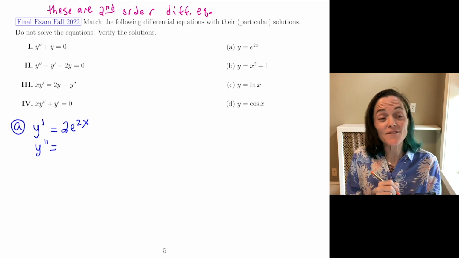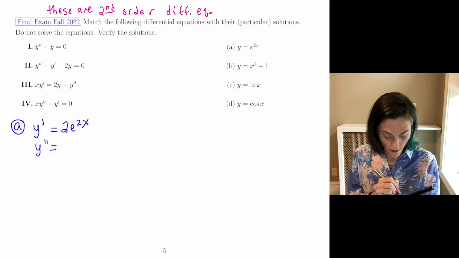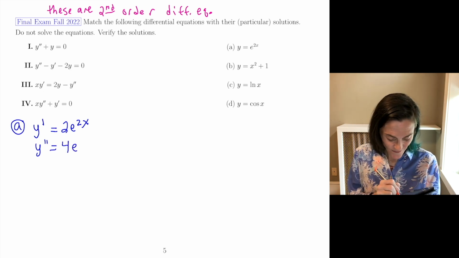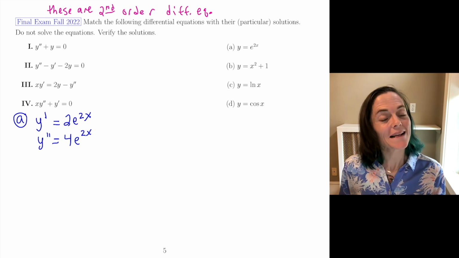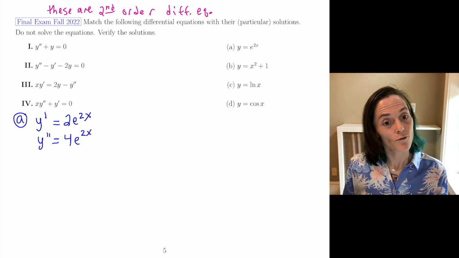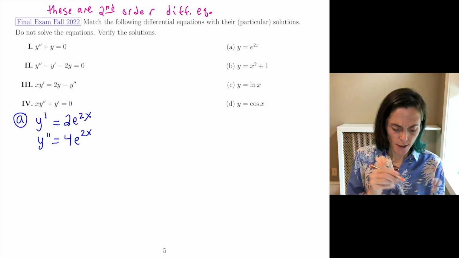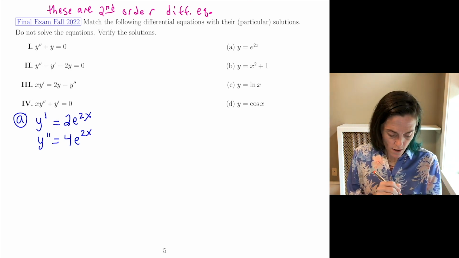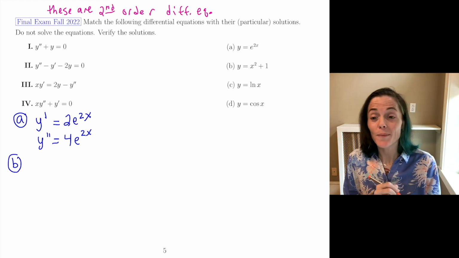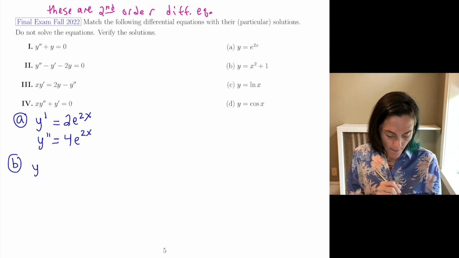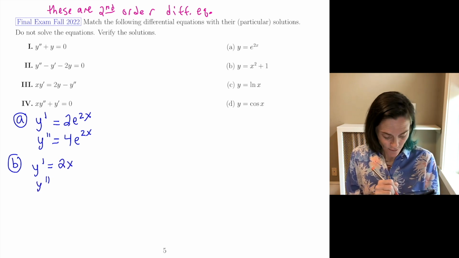Second derivative, we differentiate again. We have 4e to the 2x. You might see the equation that works already, but I will go ahead and calculate the second derivatives for all 4 solutions. So for B, y prime is 2x, and y double prime is 2.